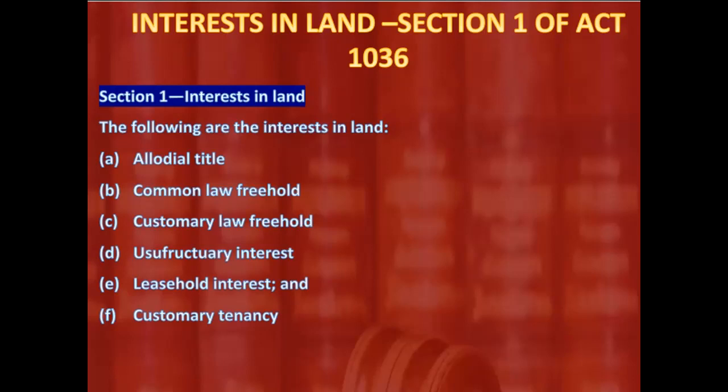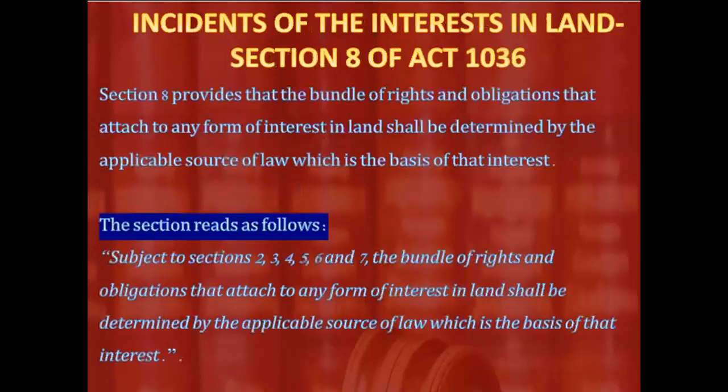And so if you take the allodial interest, what are the bundle of rights that are attached to the allodial interest holder? When you take the usufructuary interest, what are the bundle of rights and obligations that attach and form a part of the usufructuary interest? When you take the common law freehold, what are the bundle of rights or what are the incidents of that particular interest in land?